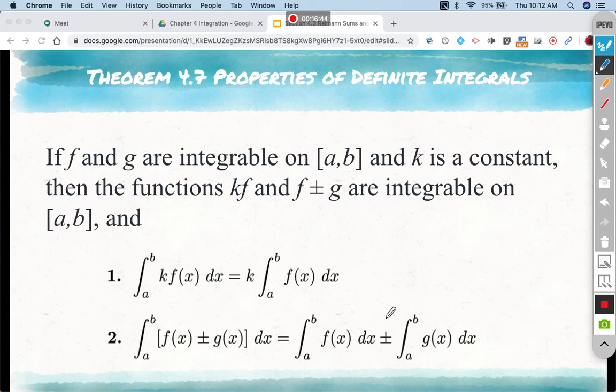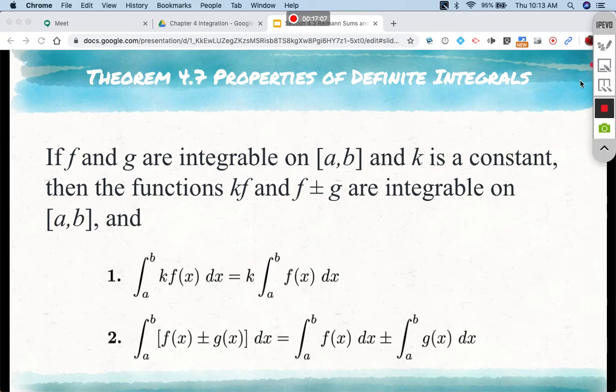The sum and difference formulas work. The integral of a sum is the sum of the integrals. But you notice when we're doing this, these are the same limits of integration on both of those. So with this one, as opposed to on the previous slide, we don't have different limits here. These are the same. And we can kind of put that together.